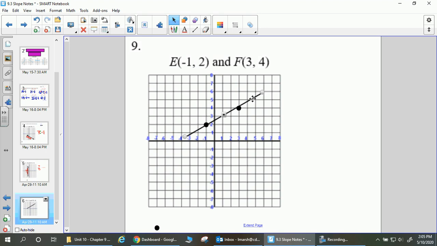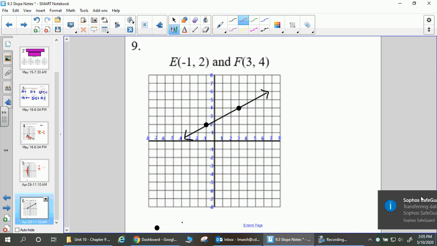There we go. That looks better. And here's my arrowheads, okay? And so now, going from left to right, here's my point on the left, right? So if you want to pause and count this yourself, go ahead and pause and count.